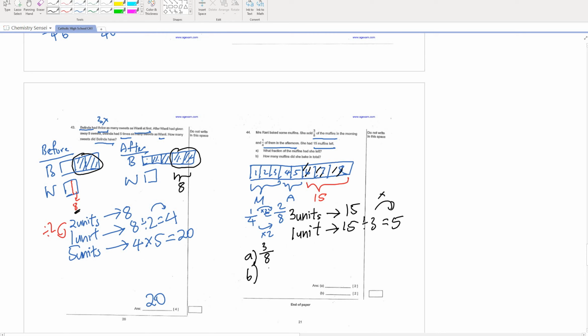So in total there are 8 units. So how can we find 8 units? Simply multiply by 8. So we have 5 multiplied by 8. So 5 times 8 is 40. Okay, and that is the answer for question 44, part B.